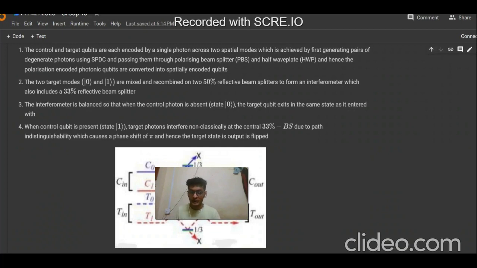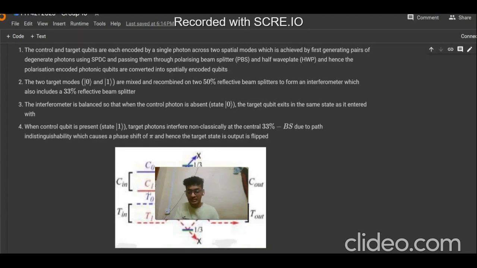And first we use a 50% reflective beam splitter for the target modes, which basically mixes the state 0 and 1. After that, it's reflected here and here, and it also includes a one third reflective beam splitter.